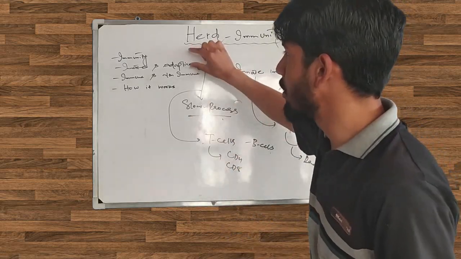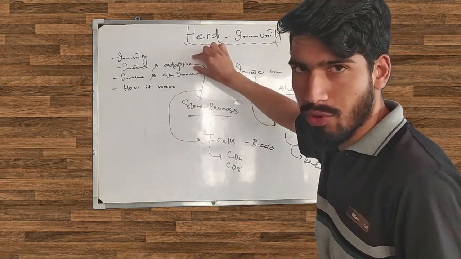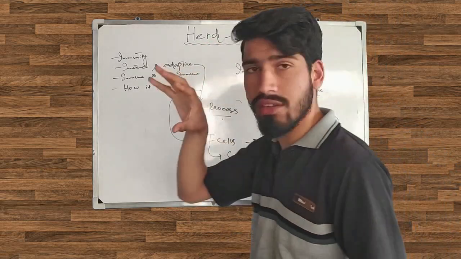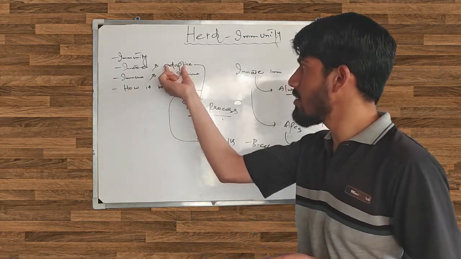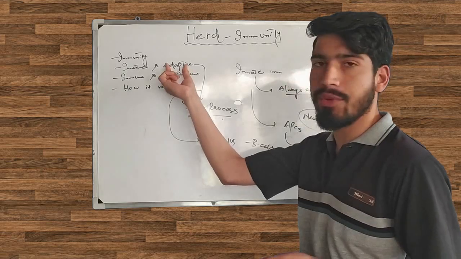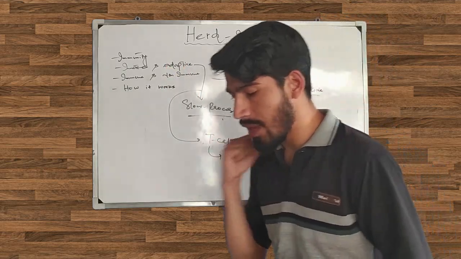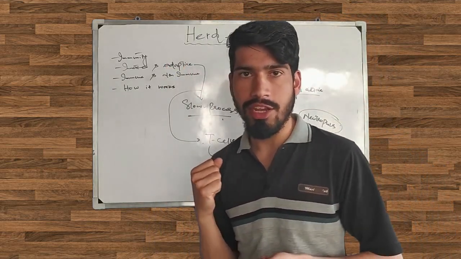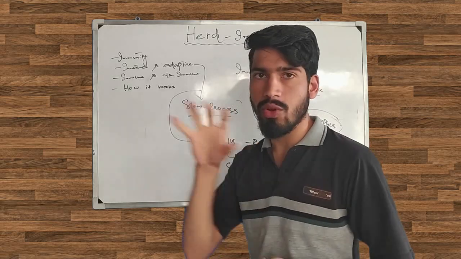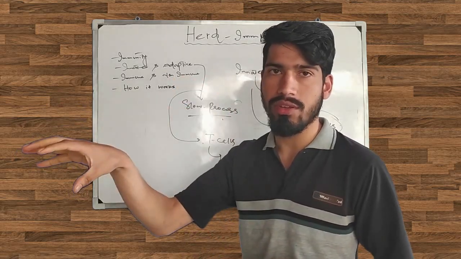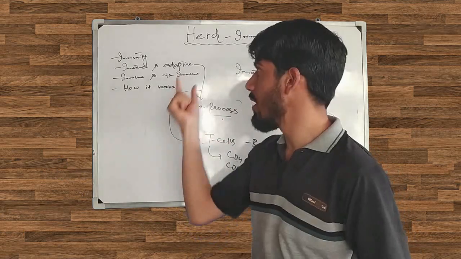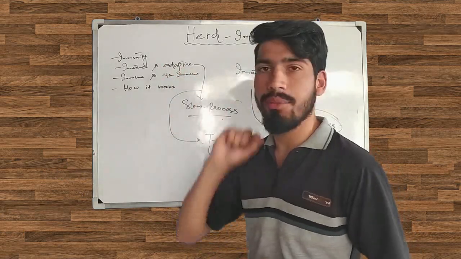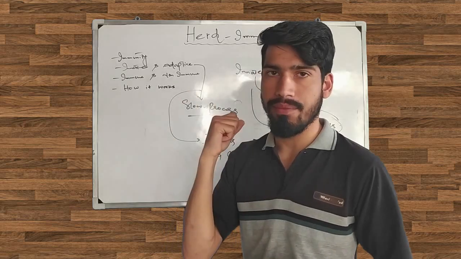So adaptive immunity is a slow process, but when it produces antibodies, those antibodies go and bind to the specific antigen. Adaptive immunity remains for a long time.